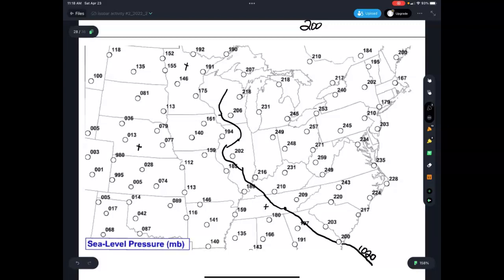Okay, I can't go between 191 and 190 on the left because 200 doesn't fit there, but I can go this way. Okay, so I'm leaving my map. So I label my isobar. Okay, now I know the answer, so I'm just going to go ahead and show you that 200 does fall somewhere else on the map.